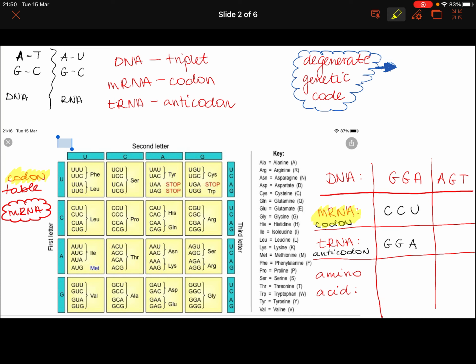So I'm trying to find CCU here. How to use the codon table? We're always going to have the first letter over there, which is the cytosine, C. Second letter, it's also C. And the third letter, it's U. So easily now I can locate my first amino acid coded by this sequence, which is proline.